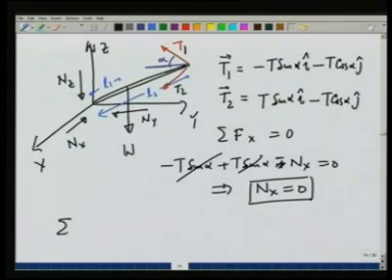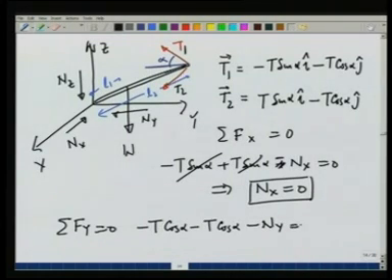Similarly, summation F_y equal to 0 implies that minus T cosine alpha minus T cosine alpha minus N_y is equal to 0, or N_y is equal to 2T cosine of alpha with a minus sign.